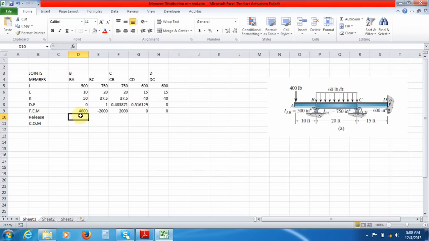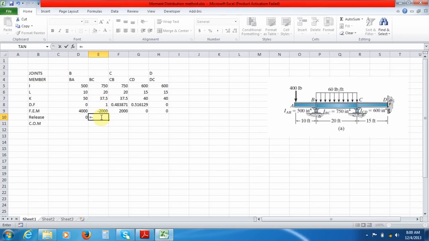Now coming towards release. Release is 0 here at member BC and CB. You must remember that release will always have a negative sign.